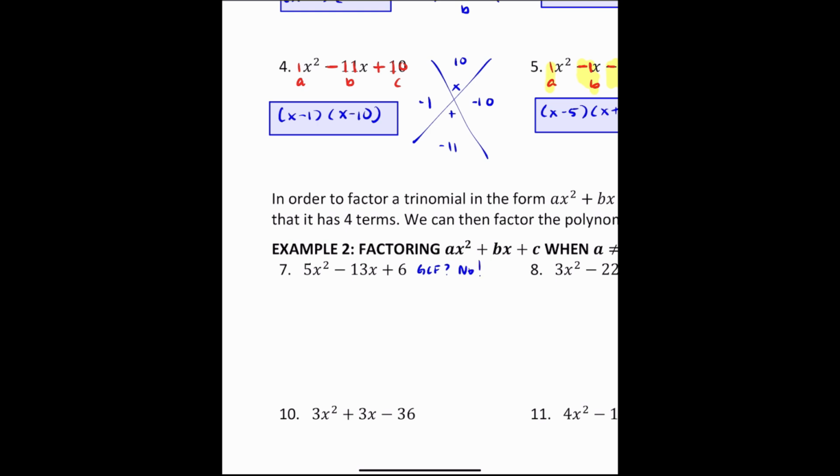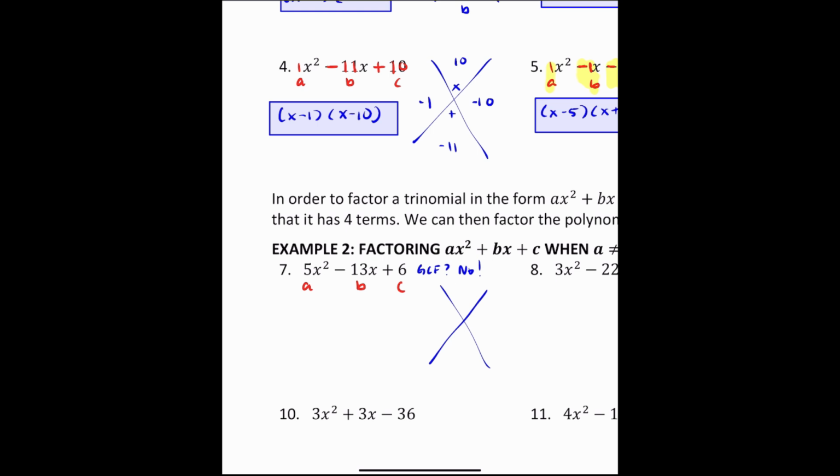No. Okay, so notice that our trinomial has an a value of 5. It's not 1, right? So a is 5, b is negative 13, and c is positive 6. Again, what we're trying to do here is split the middle. We are going to split the negative 13x into 2 terms. But we're still going to use the x method. So I'll draw an x on my paper.